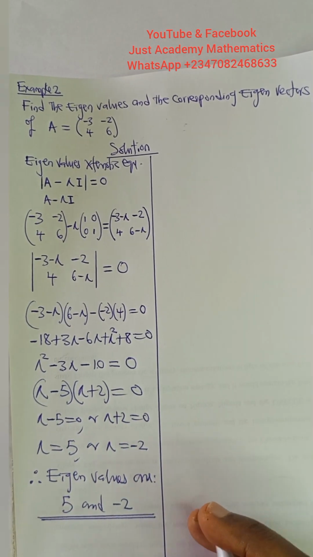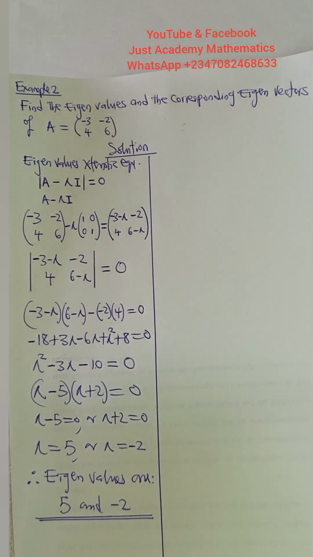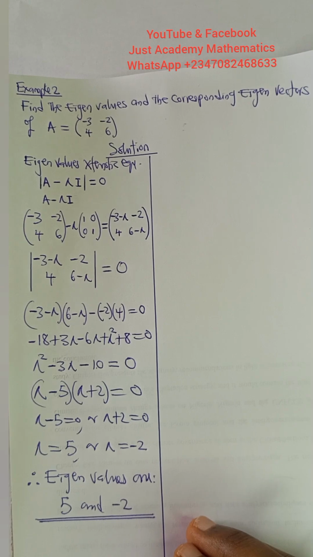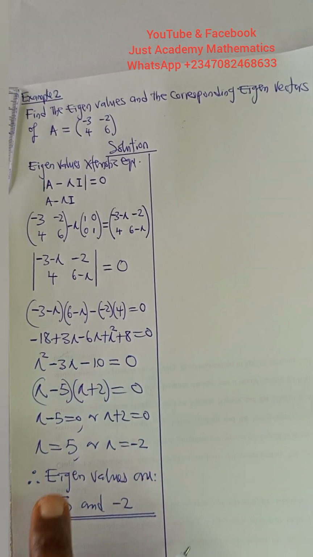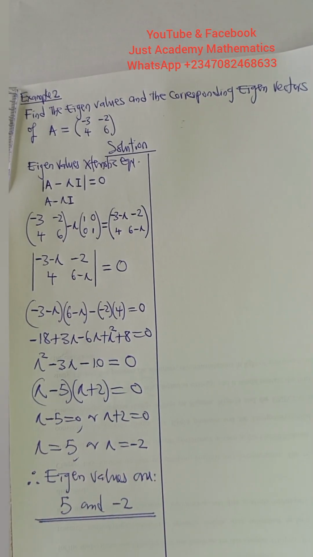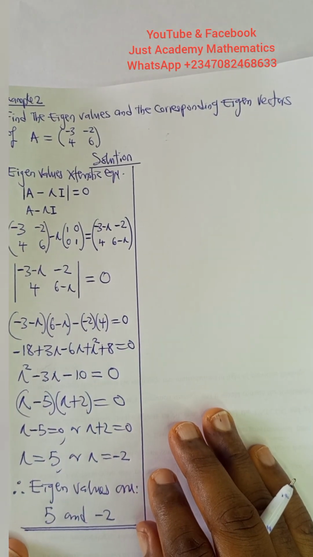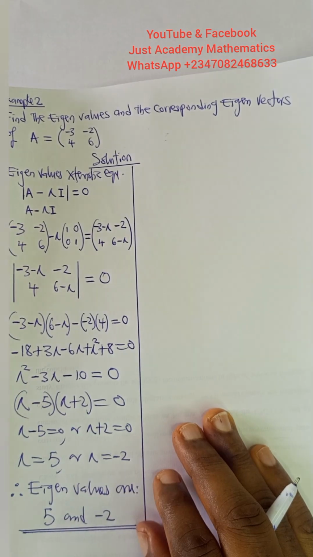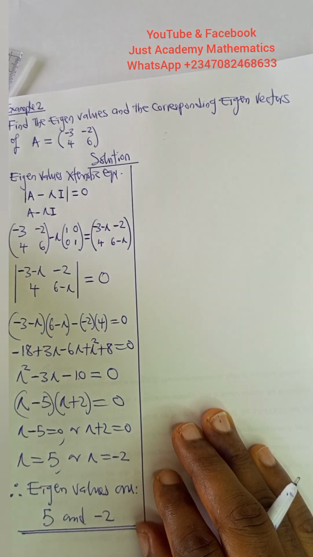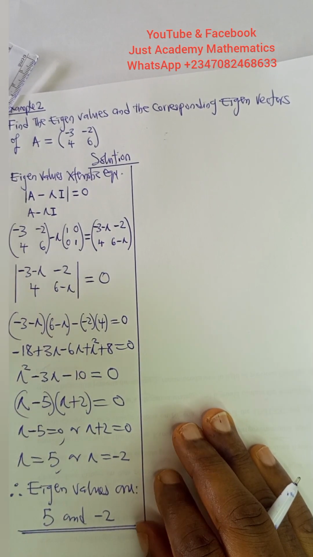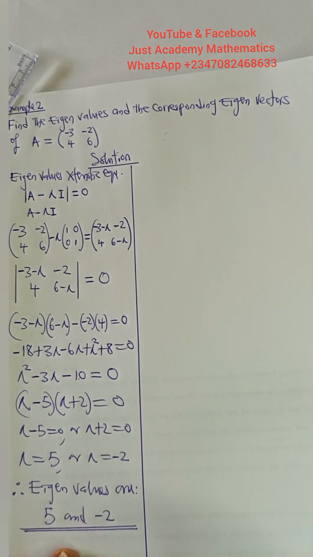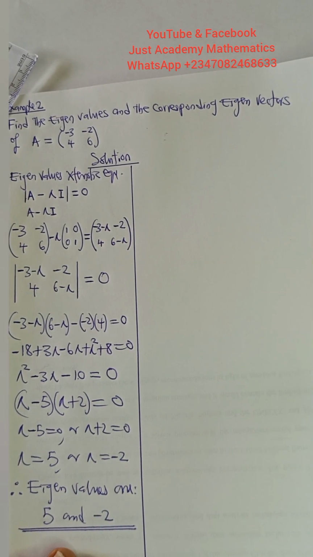Can you see? It's all about procedure, you get it. Now, like I said, the issue is not always with the eigenvalue. The issue is with the eigenvector, because that is the one that most people miss. Most people always miss and get confused when it comes to eigenvector. Now, what do we do to find the eigenvector? Simple.